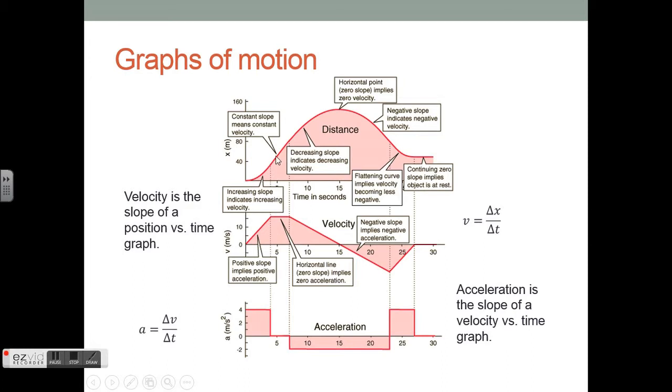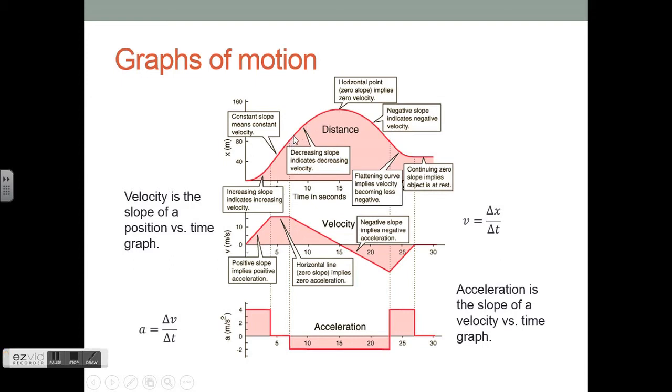Go to the second region, it looks like distance is still increasing, but in a way that we have a straight line, constant slope. What constant slope means is constant velocity. Well, here the slope of velocity is 0 for this region, and so the acceleration is 0 in that region.